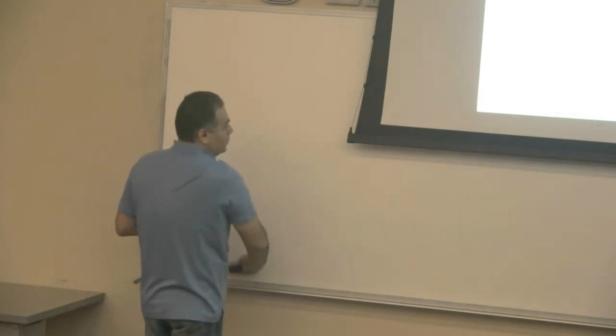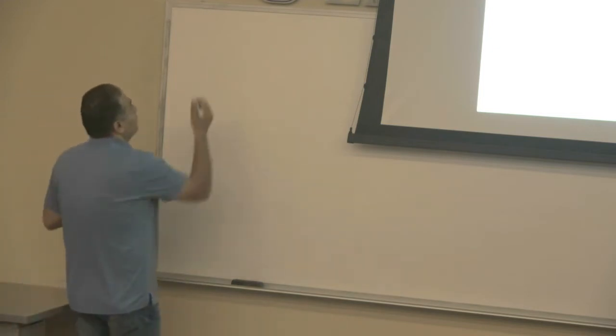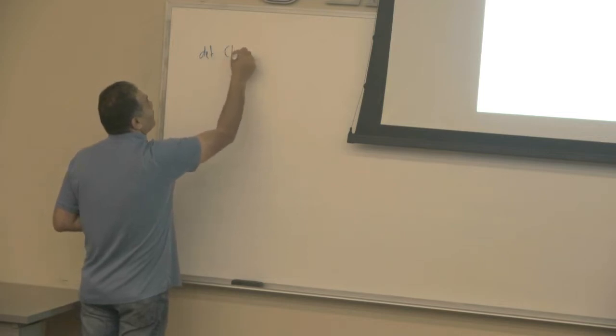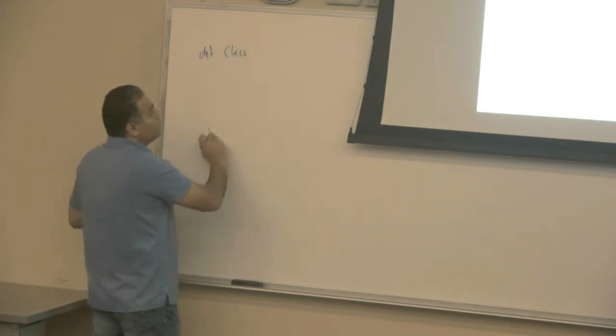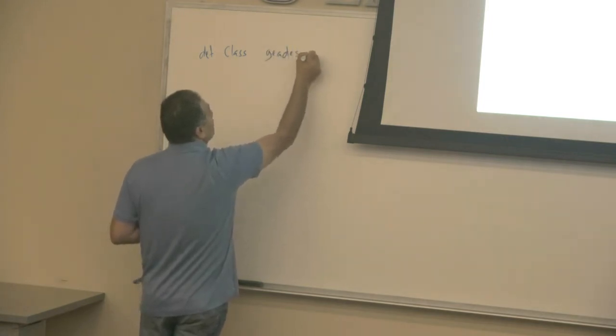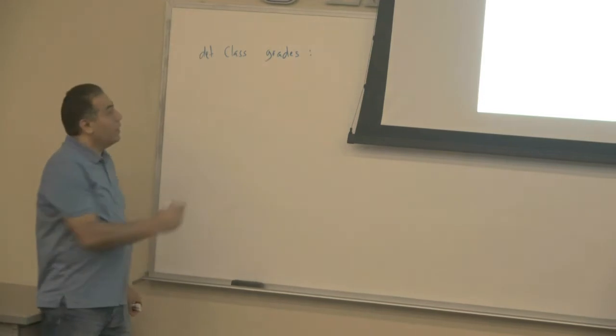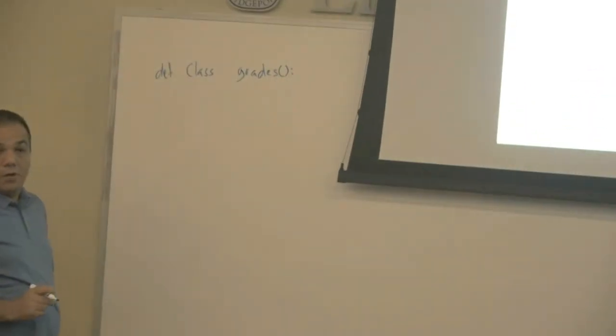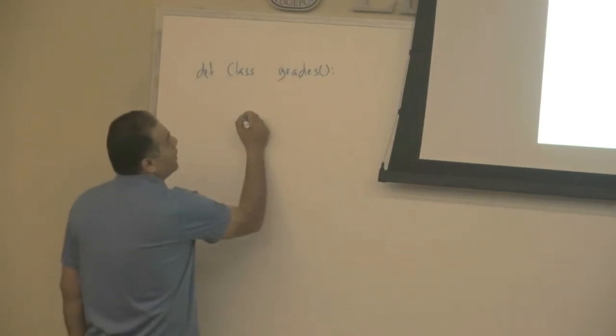So usually when you have a class, for example, if I need to have a class for grades. So let's say, okay, class, and give it a name as grades. That's a class. So it will have attributes, for example, student name, let's call it name.